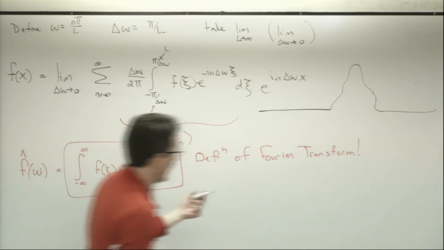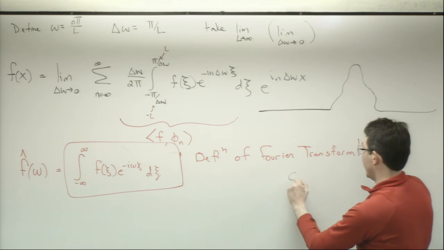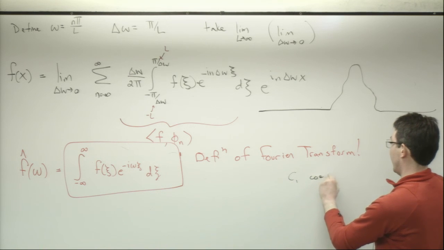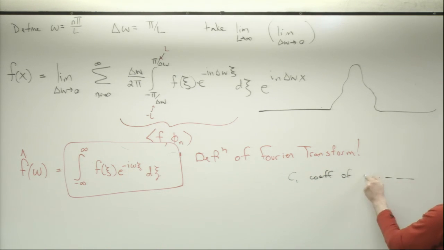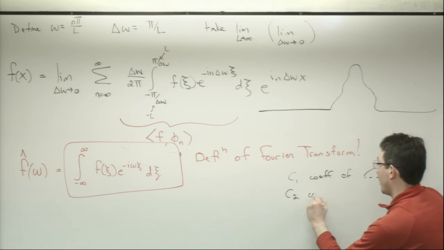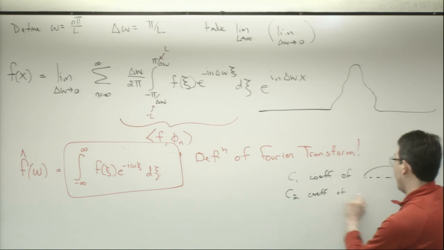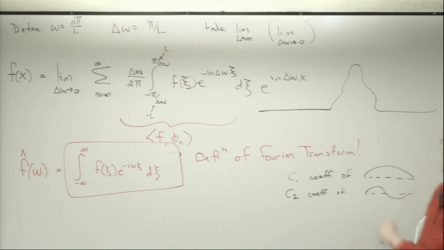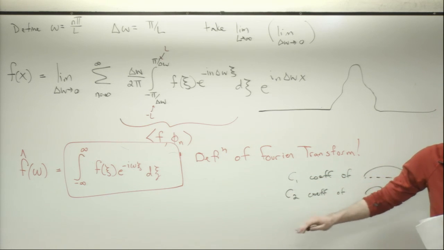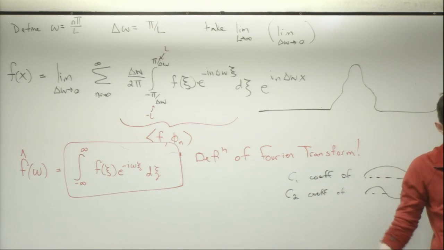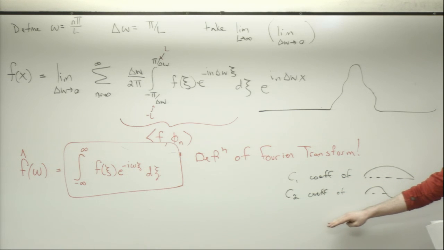So before I had C1 as the coefficient of my basic first period sine wave, and C2 as the coefficient of my second sine wave, and so on and so forth. I had just countably infinitely many: 1, 2, 3, all the way up to infinitely many of these coefficients.